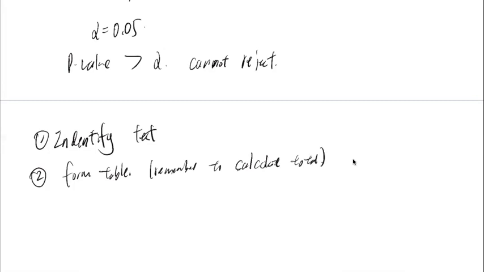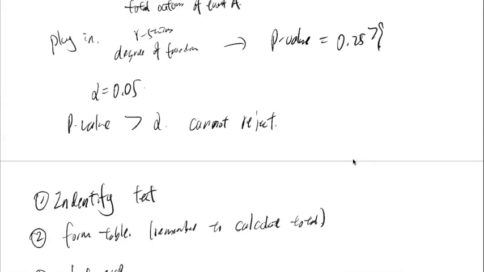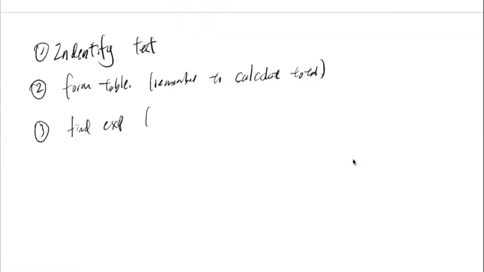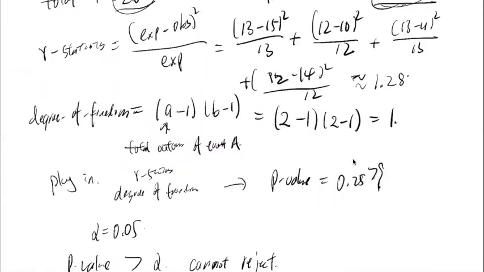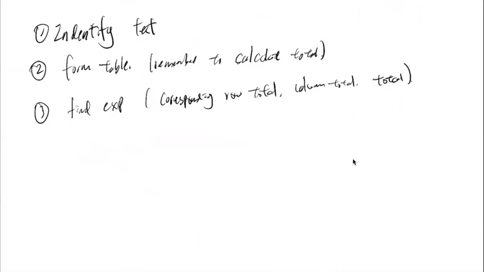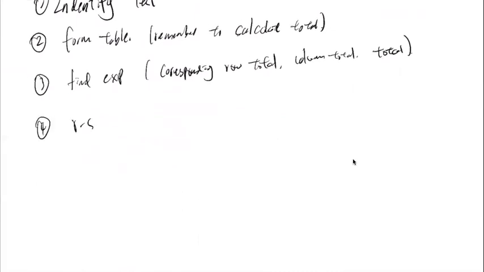for columns and rows, and then you need to find the expected value, which only needs the corresponding row total, column total, and the overall total, which is 50 here. Then you can find the statistic by the formula, and you can find the degree of freedom.